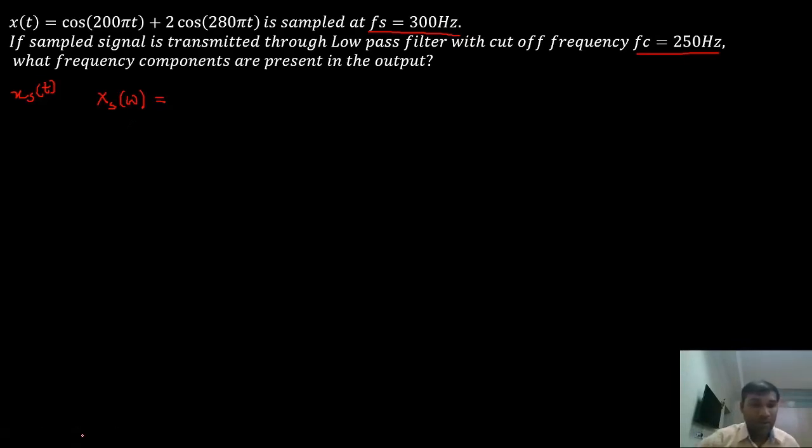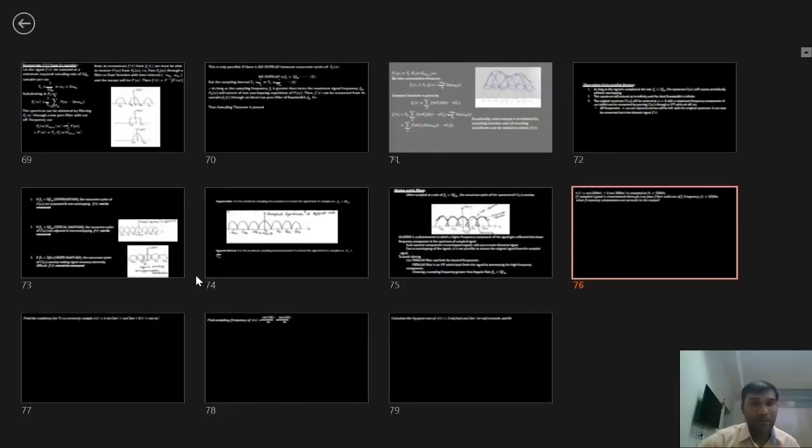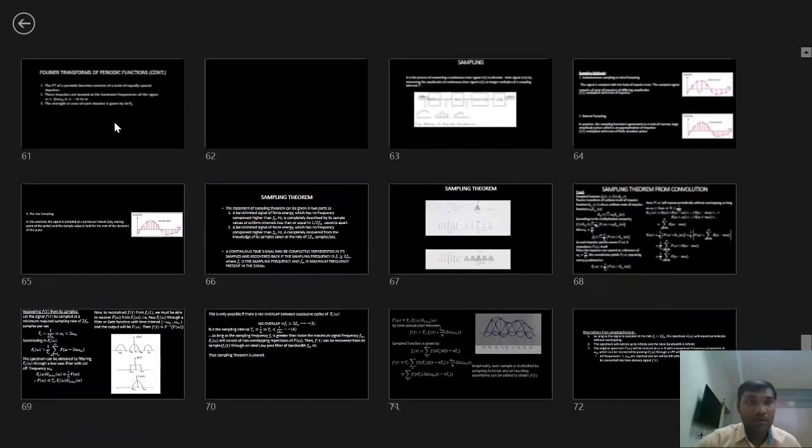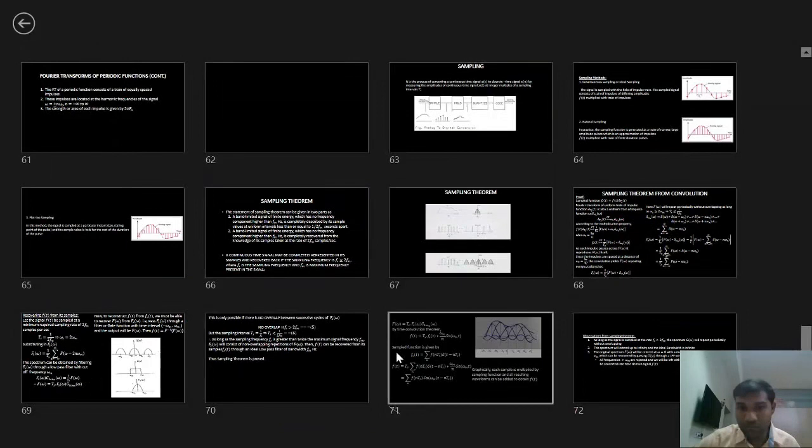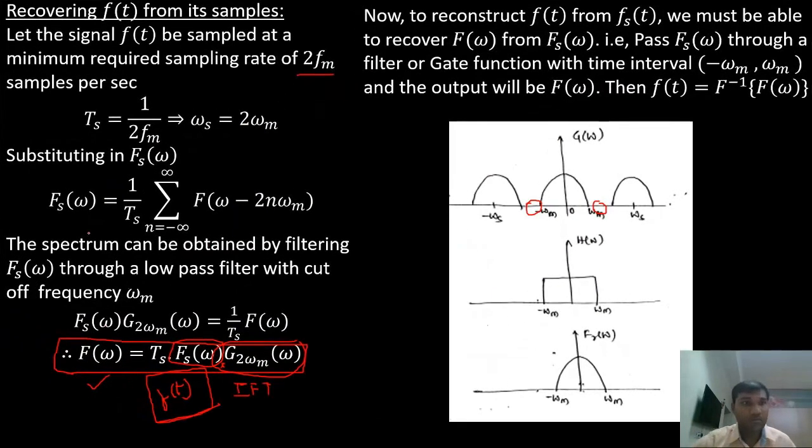Let us go back to the slides and look. This is the spectrum of the sampled signal. What is it given by? 1 by Ts summation X of omega minus n omega s. So let's go back.